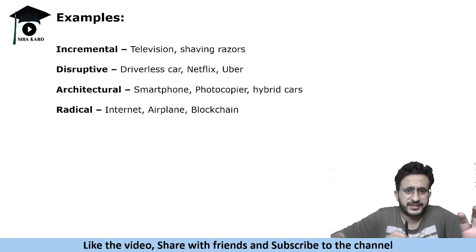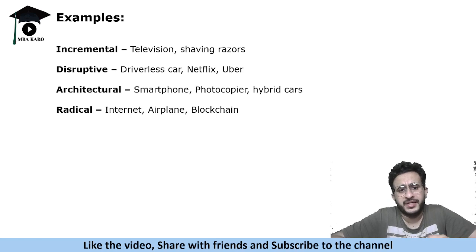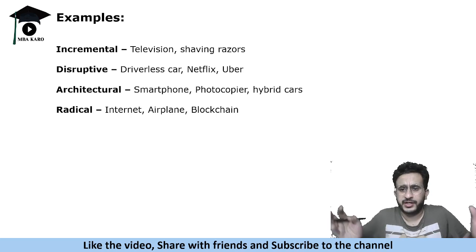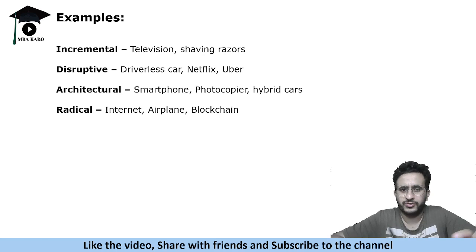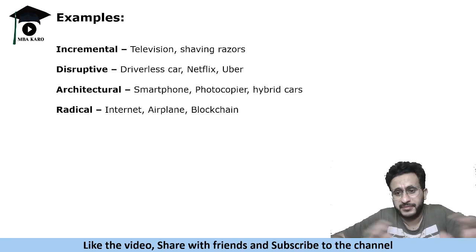If you talk about radical innovation, radical is something which did not exist, could not have been imagined. Meaning it wasn't there at all. You know that phones existed and were improved into smartphones, cars existed and were improved into hybrid cars. But radical innovation is something where nothing existed like that before, and altogether it came and made a revolution. For example, the internet.